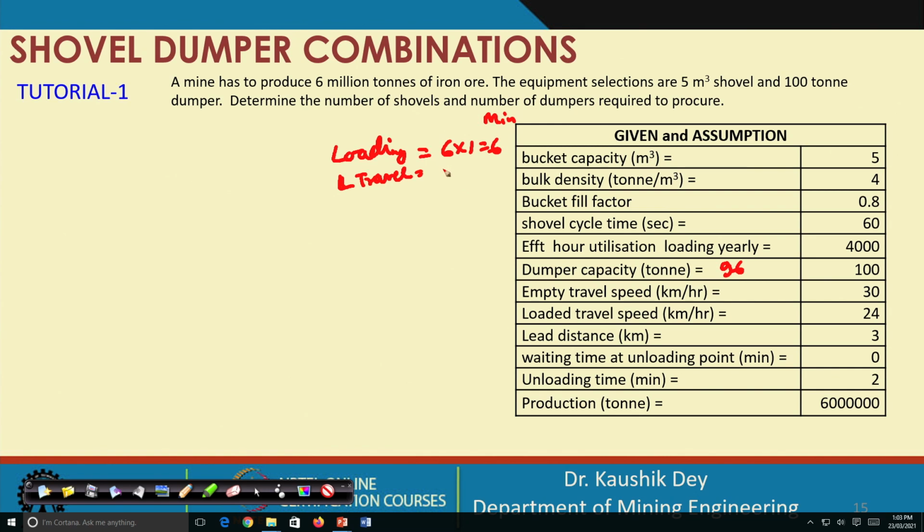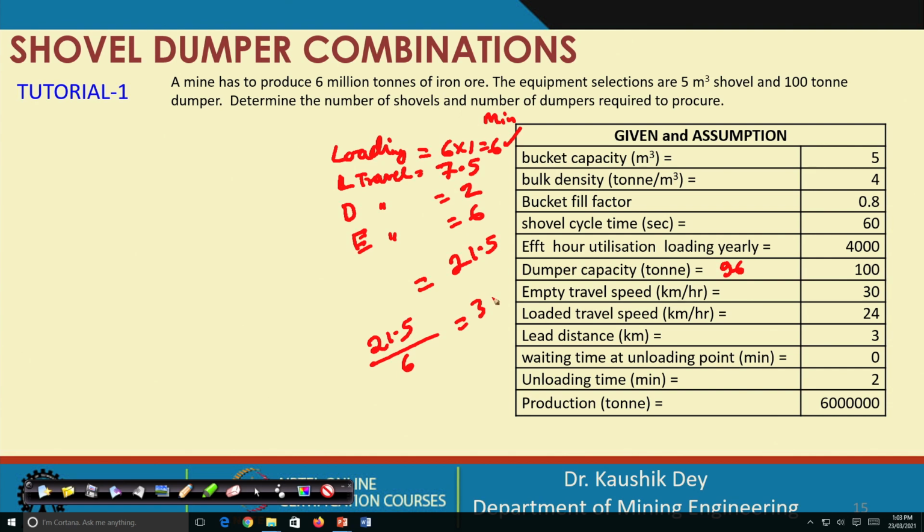So, 3 into 60 by 24, it is again coming 7.5, and dumping time is 2 minutes and empty travel time is 6 minutes. This we have carried out earlier. So, our total cycle time is coming, this is now 21 because 1 is reduced here. So, 21.5 minutes is the dumper cycle time and our shovel loading cycle time is 6 minutes.